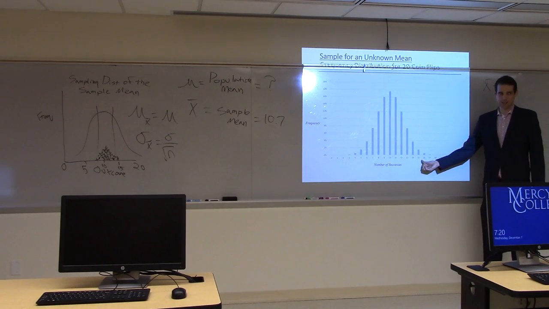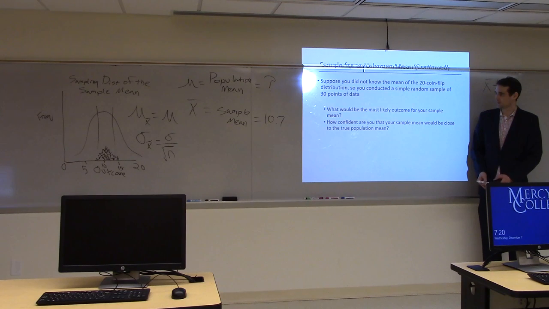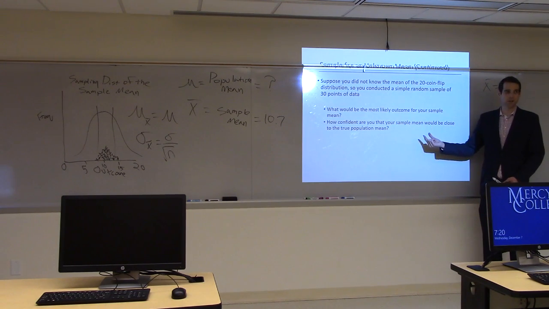How likely is it that any one student gives us 15 or more? Well, 2%, right? Okay, so it could happen. It might happen in our sample, but are all 30 of our students gonna say 15 or more? No. Tiny percent chance of that happening. So in answer to this question, how confident are you that your sample mean would be close to the true population mean?